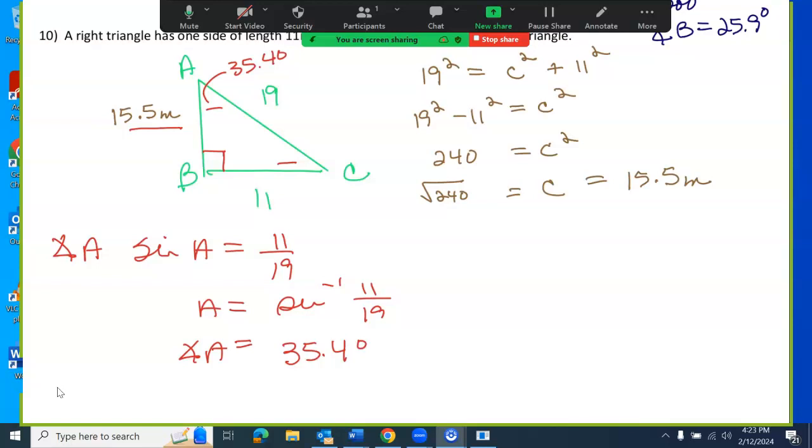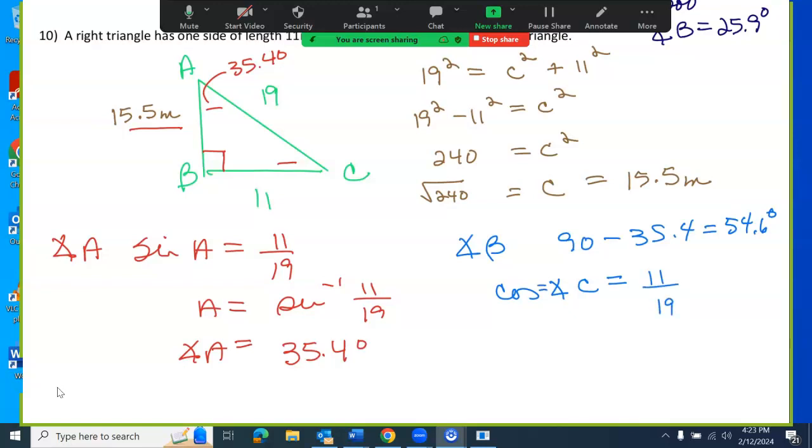Okay, so then we're going to use blue to get angle B. I could just say 90 minus 35.4, which gives me 54.6 degrees, no problem there. Or if I really wanted to do some more trig, I could say that the cosine of angle C equals what? 11 over 19, right?